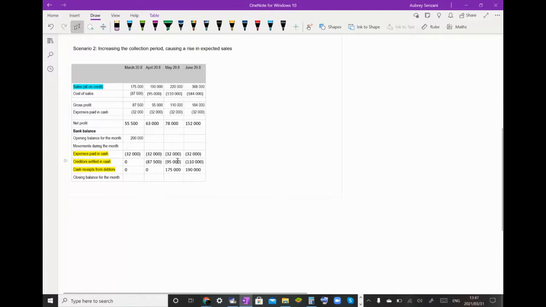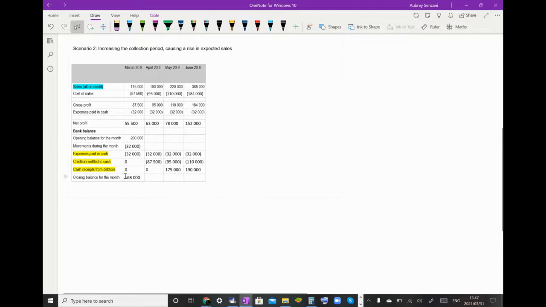Now we need to calculate the movements. Here we know it's just going to be negative 32,000. So this 200,000 minus the 32, remember here we calculated 168,000.